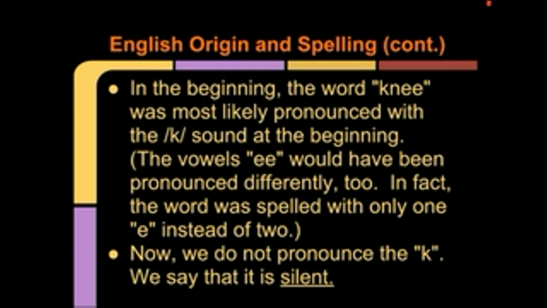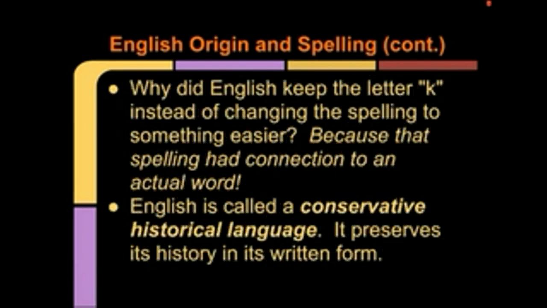Now we do not pronounce the K. We say that it is silent. Why did English keep the letter K instead of changing the spelling to something easier? Because that spelling had connection to an actual word. English is called a conservative historical language. It preserves its history in its written form.